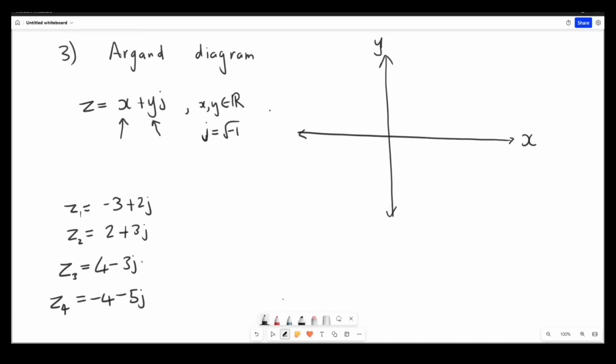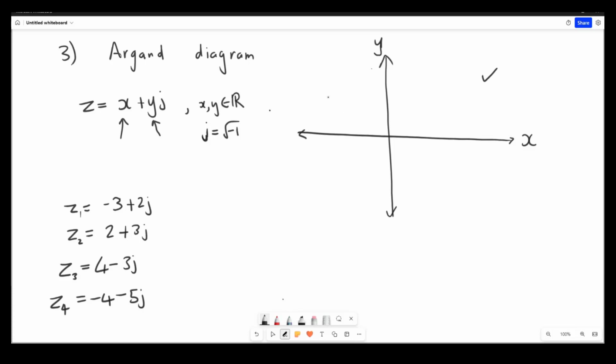Remember the y part represents the second component, your imaginary part. In this first quadrant, both x and y components are positive.